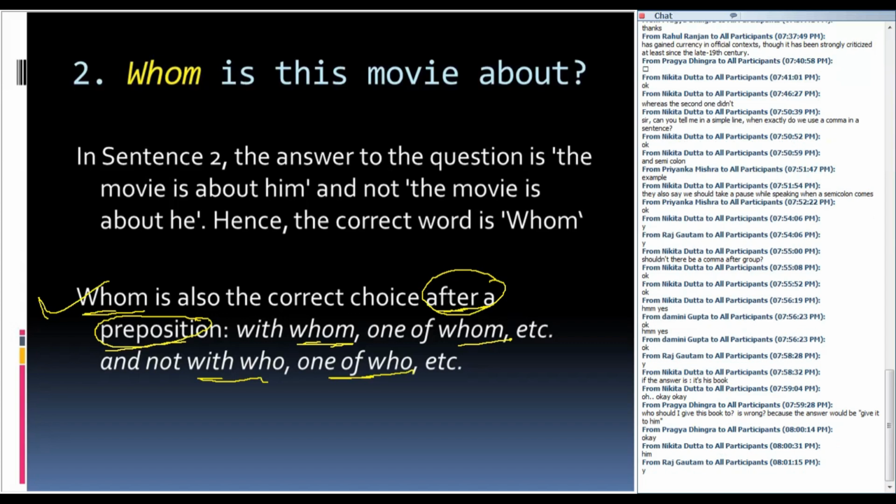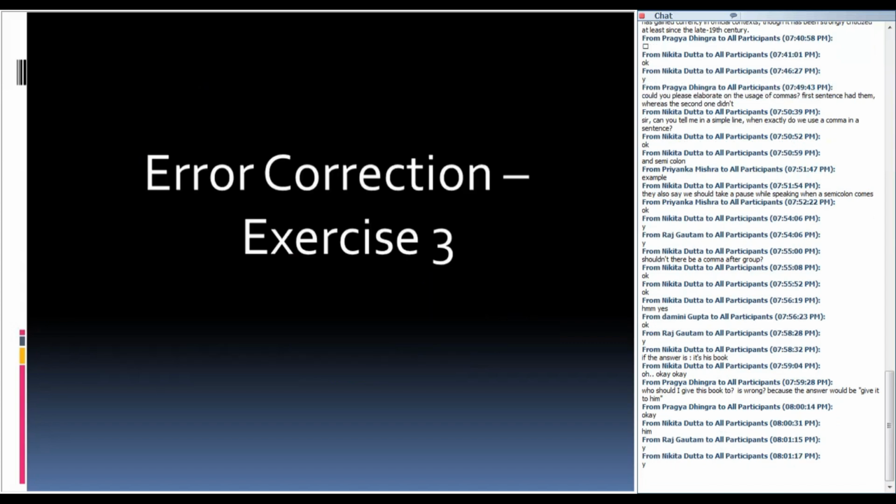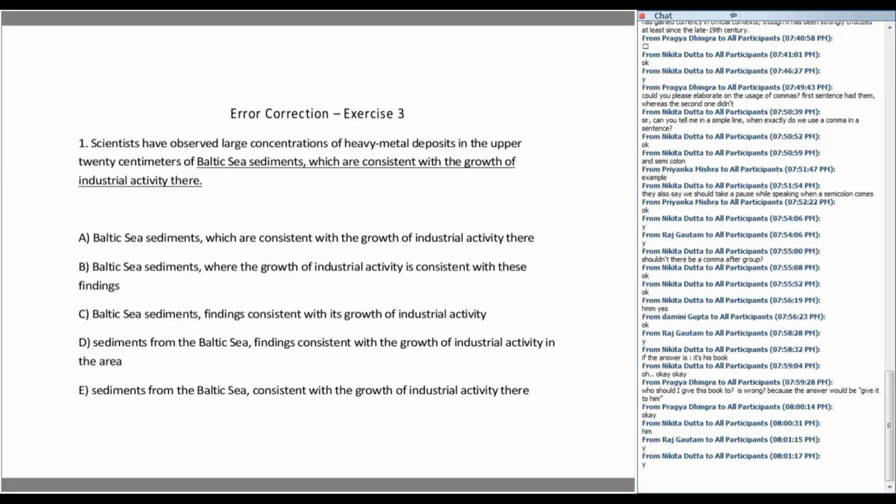Okay. Based on this understanding, there is a small exercise. So let us solve it. Just a minute. Here, I'll just give you the rights.